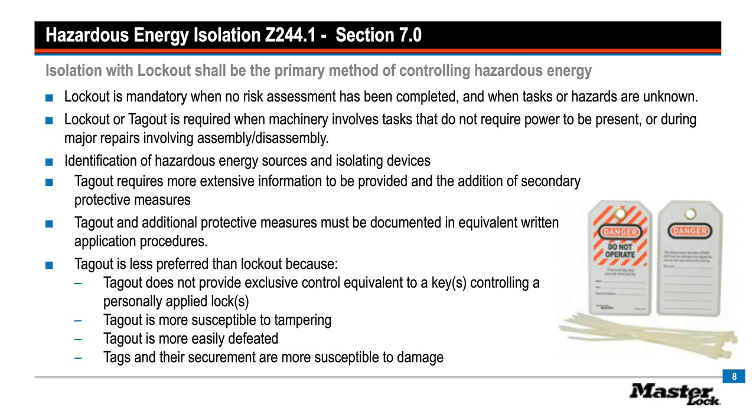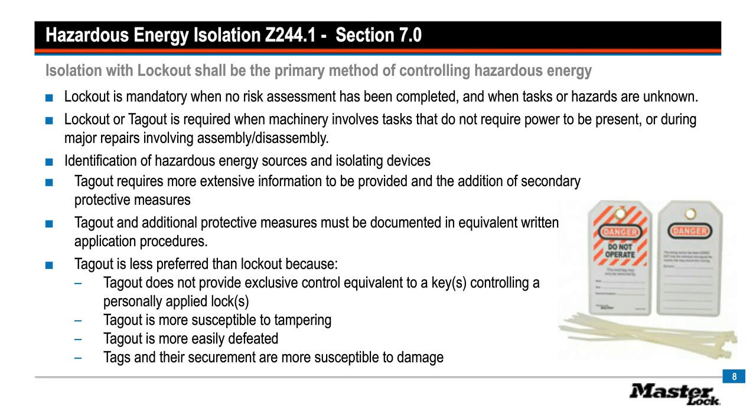Lockout or tagout is the primary means of controlling equipment when power is not required. And going forward, we look at considering the hazardous energy sources and isolating devices required.